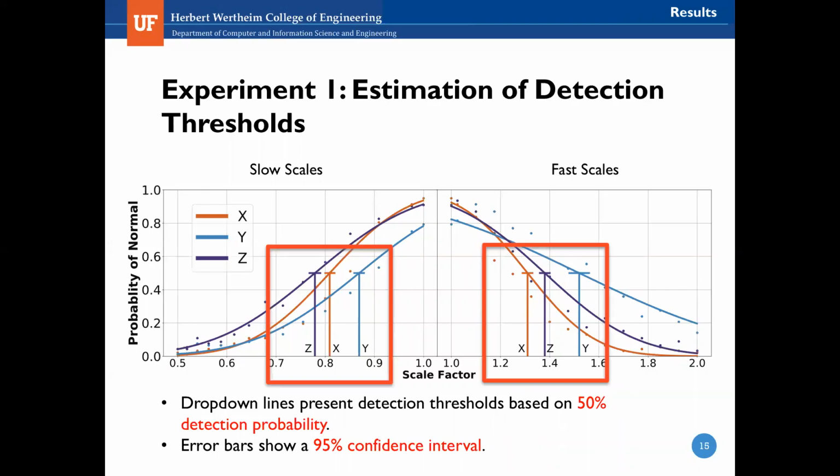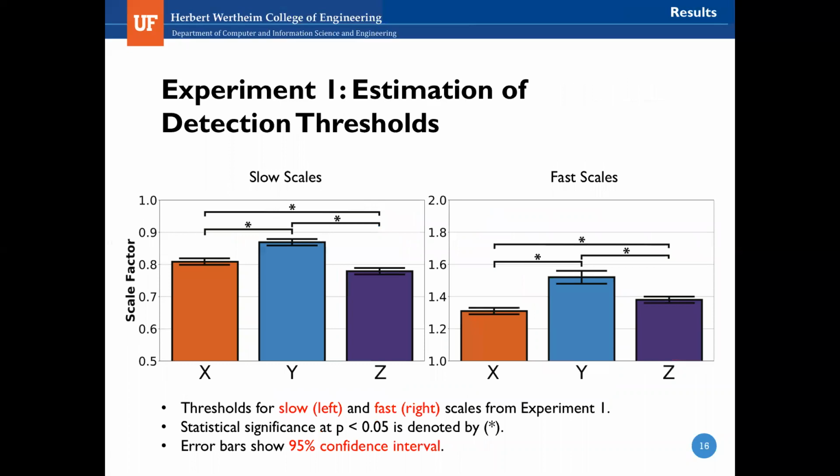The drop-down lines present the detection thresholds based on a 50% detection probability, and the error bars show a 95% confidence interval. Then we compared the detection thresholds for each direction to see whether there is a significant difference. In this graph, the star represents statistical significance, and we found a statistical difference between all of the directions in both slow scale and fast scale hand movements.